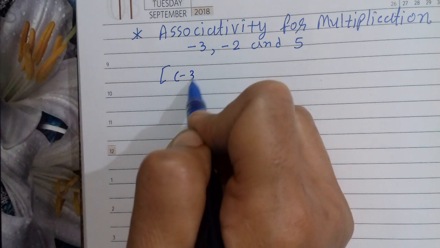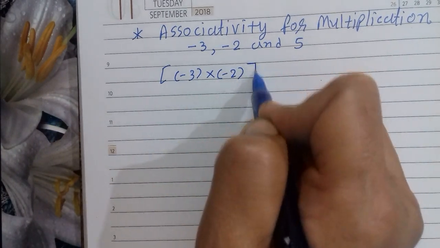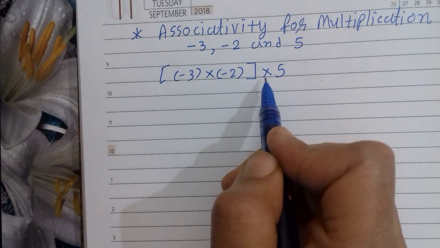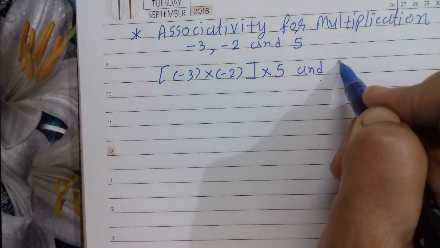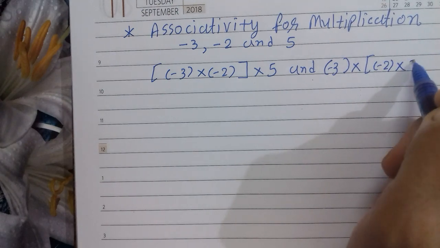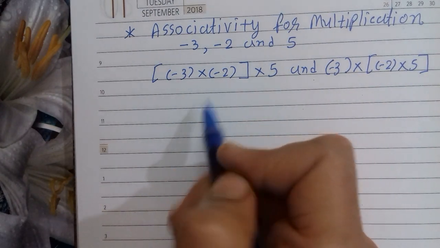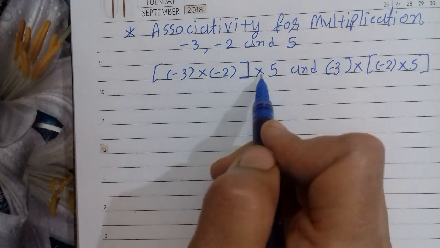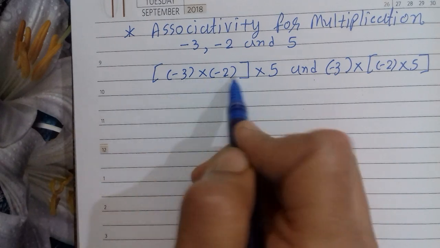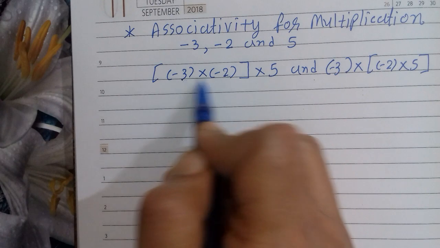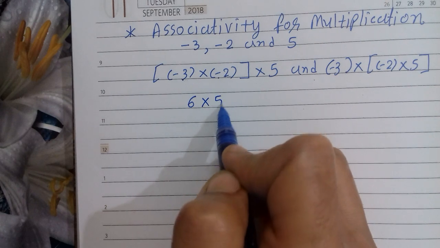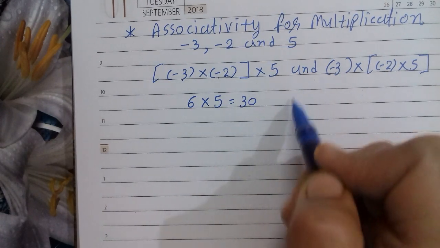Here minus 3 multiplied by minus 2 and write the 5 out of the bracket. And the second is minus 3 multiplied by minus 2 multiplied by 5. First, we will simplify this. Minus 3 multiplied by minus 2. Here the number of negative integers is 2. So you get the positive integer 6. 6 multiplied by 5 is equal to 30.